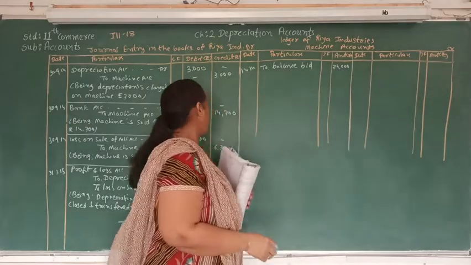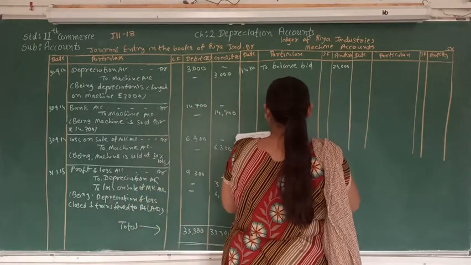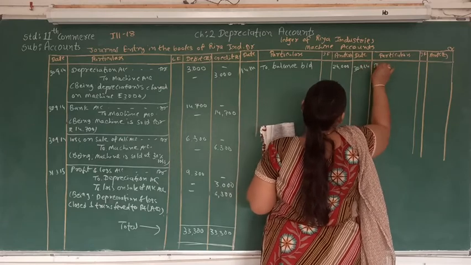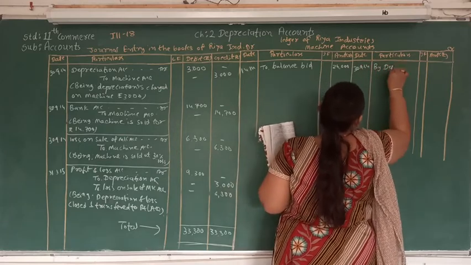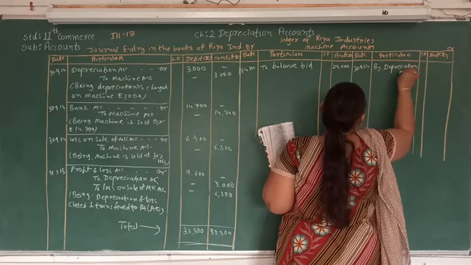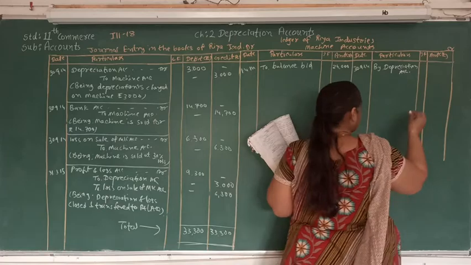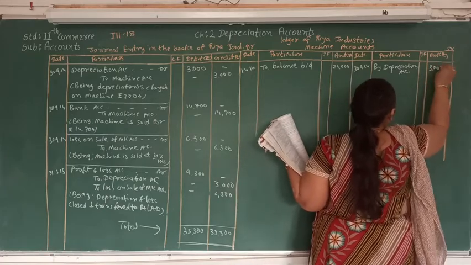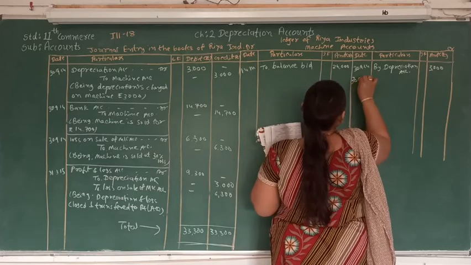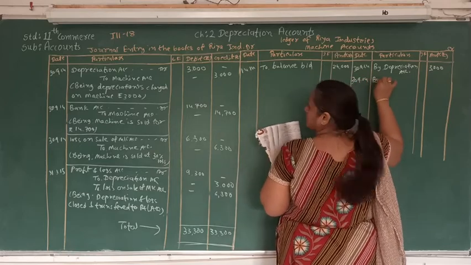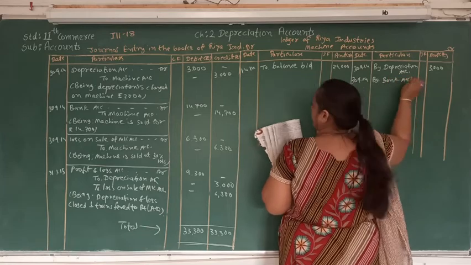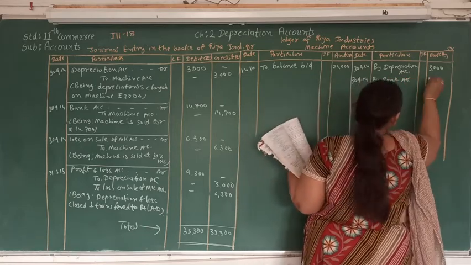Now on 30/9/14 we are going to provide depreciation, by depreciation account, and it will be 3,000. Then on the same day we are going to sell the machine. So for that, by bank account, and it will be 14,700.